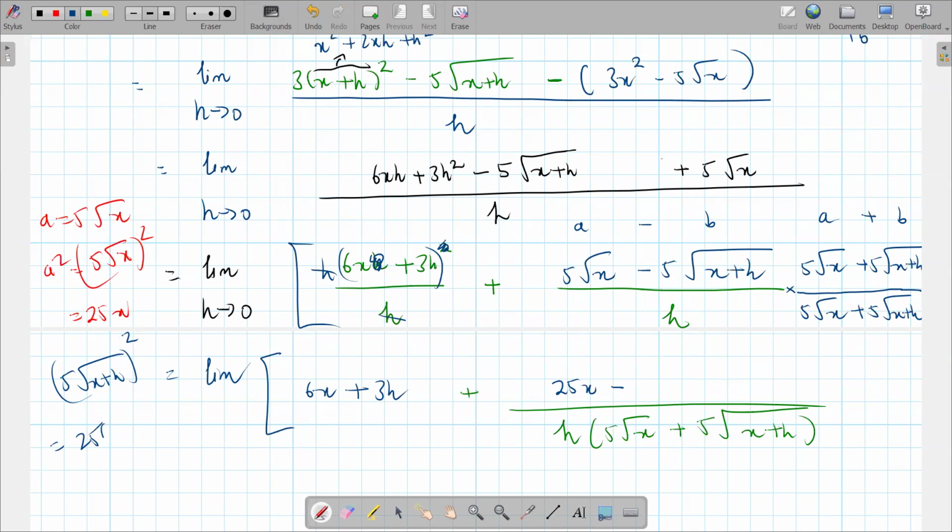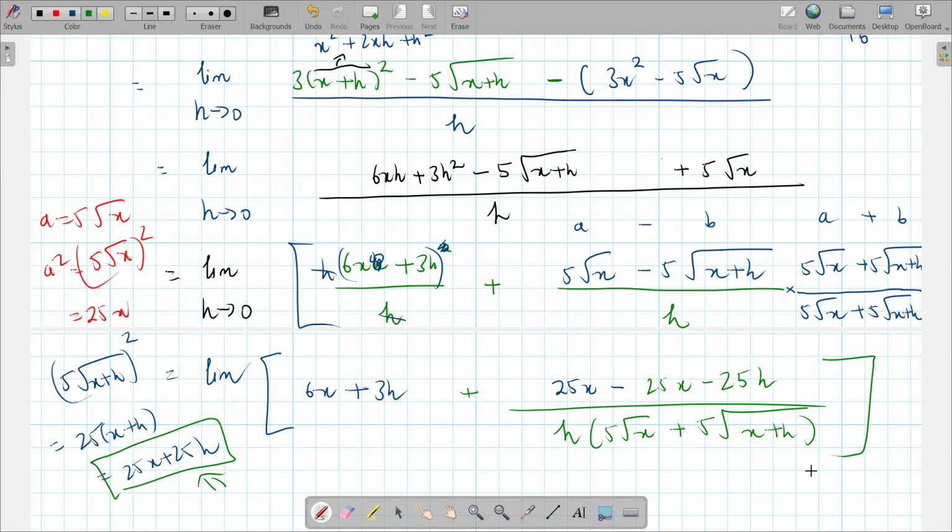X plus h. Yeah, so it's 25 times x plus h. So it's 25x plus 25h. But here we have to be careful because there's a negative in the front. So there's a negative, which means we will end up getting negative 25x. We just multiplied this term with a minus 1, minus 25h. There we go, like that.